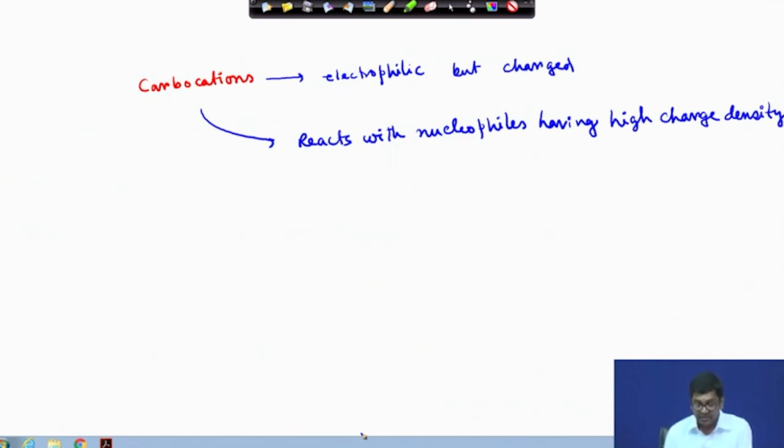This is the basic difference with carbenes. Carbenes are uncharged. In the case of carbocations, only nucleophiles with high charge density will react.